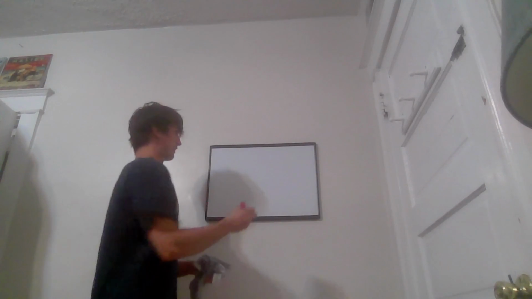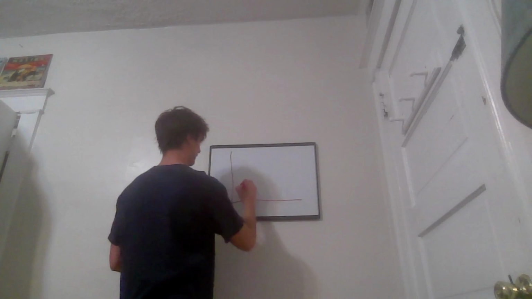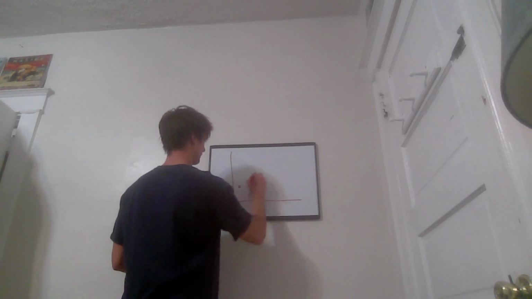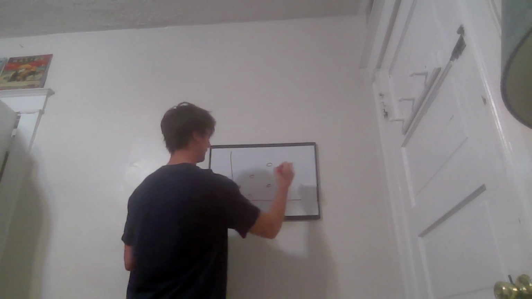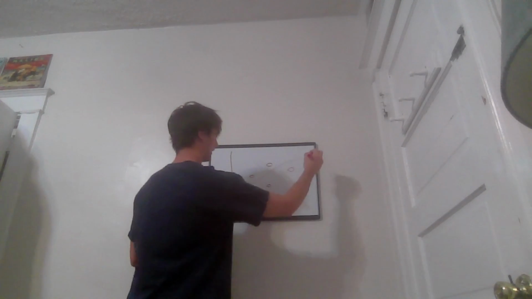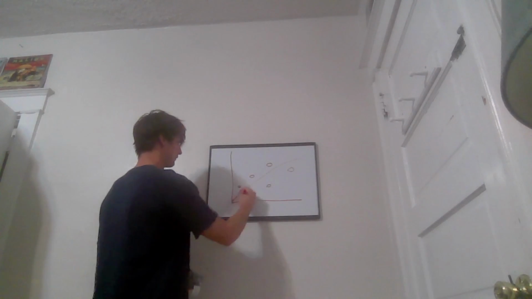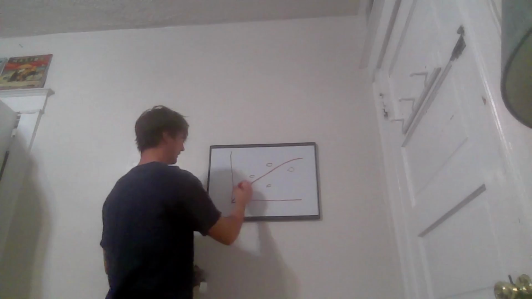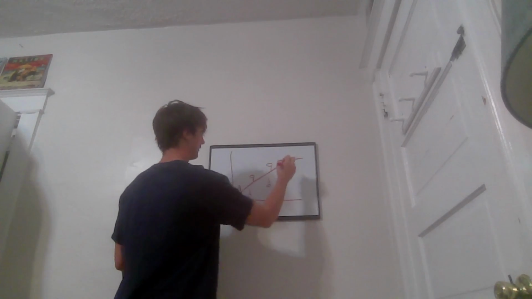So what we're doing here is we have our graph, a lot of different points on the scatter plot, right? And we've drawn a line through the middle. And what we want to do is get each of these points closer to the graph.